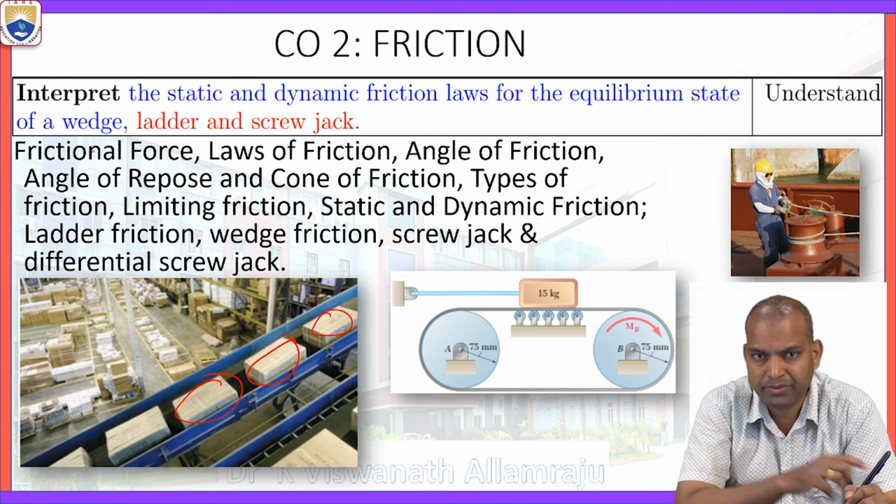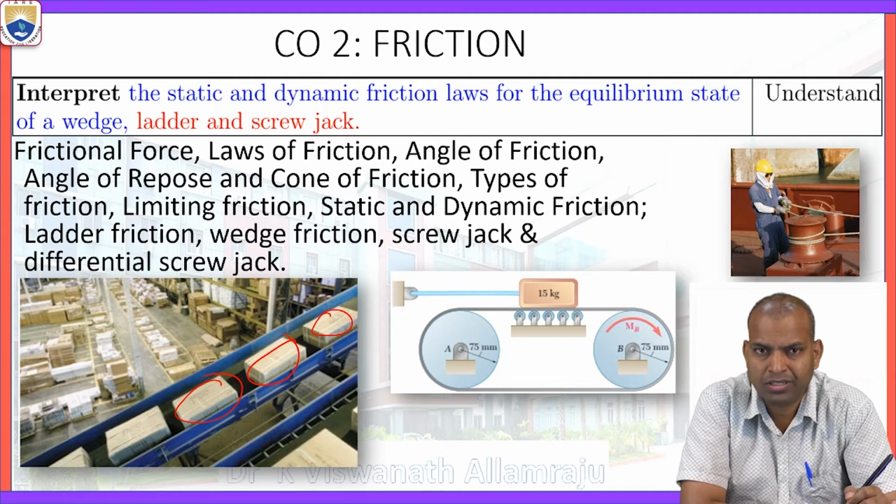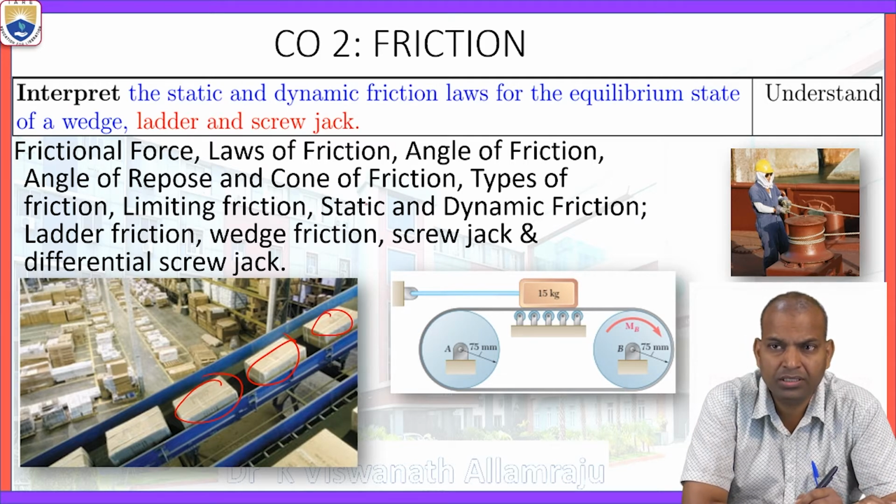If the friction grip is not sufficient, there is no transmission of torque. In belt drives, the grip between the belt and the pulley is due to friction. Otherwise, if friction is not there, slipping takes place, causing poor transmission of power.